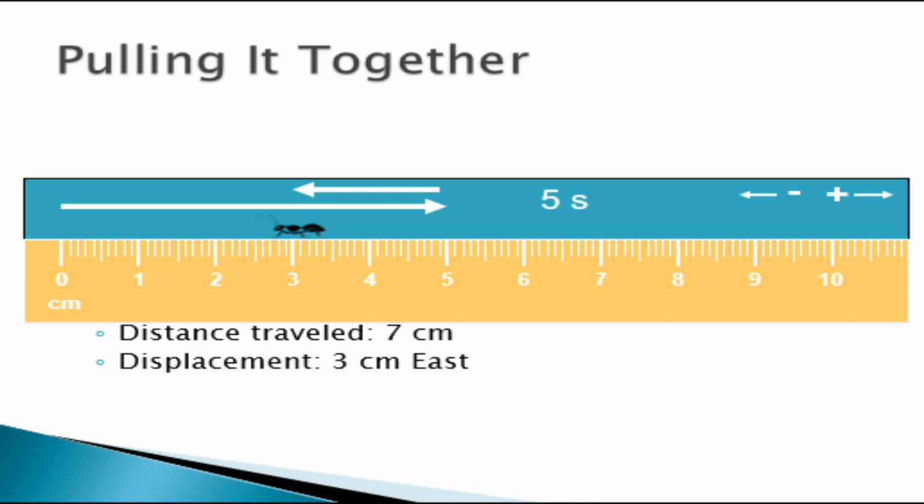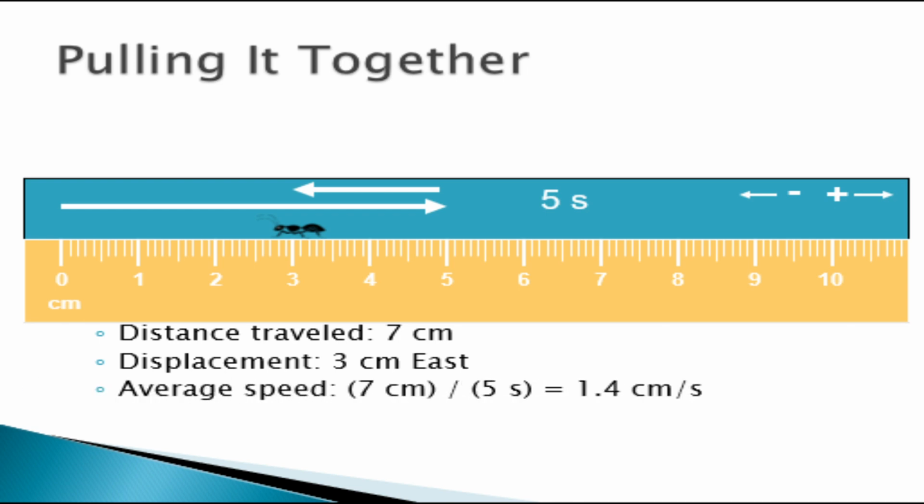So the distance traveled, which is 7 centimeters, divided by 5 seconds, so the speed of the ant now becomes 1.4 centimeters per second. How about the displacement of the ant? The displacement of the ant is 3 centimeters. Take note that it is different from the distance that we have calculated.